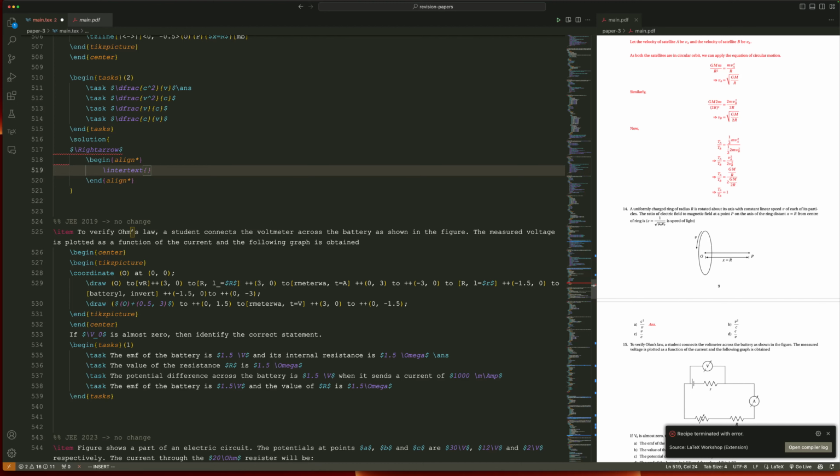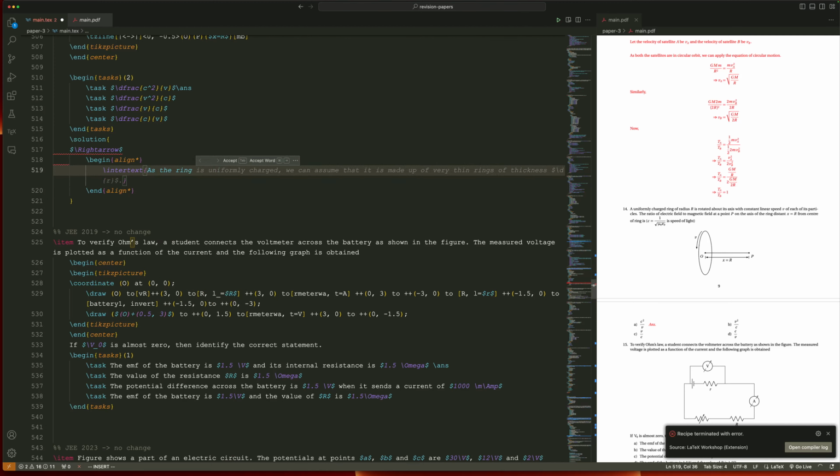So let me explain what will happen. As the ring is uniformly charged, and we assume a very thin ring of thickness... no, not thin, uniformly charged.